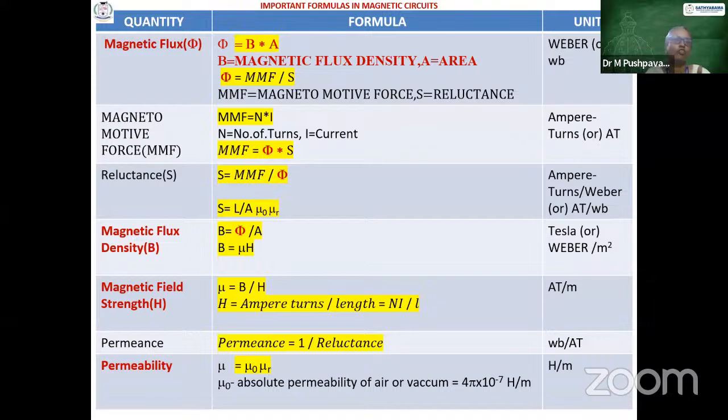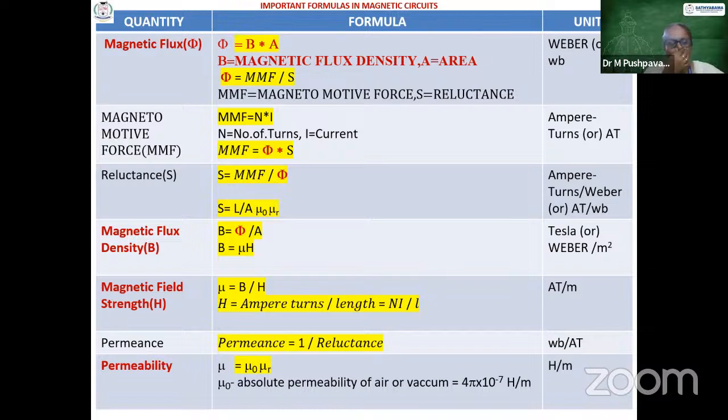The comparison of electric and magnetic circuit. And another question is on the types of induced EMF, where you have to explain the types, and obtain the expression for self-induced EMF, mutually induced EMF, and one more important thing, the relation between the self and mutual induced EMF.